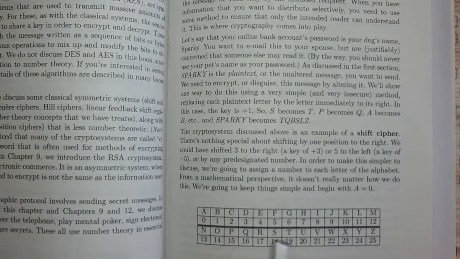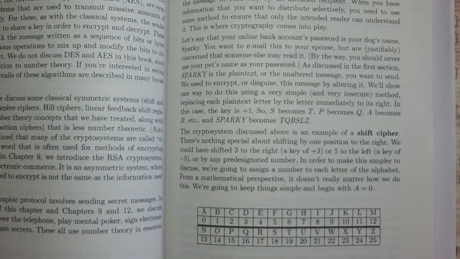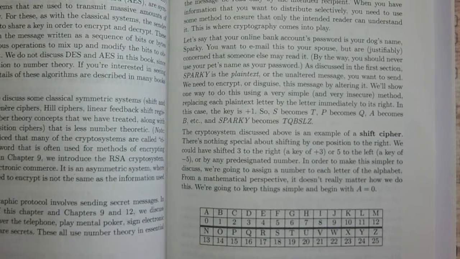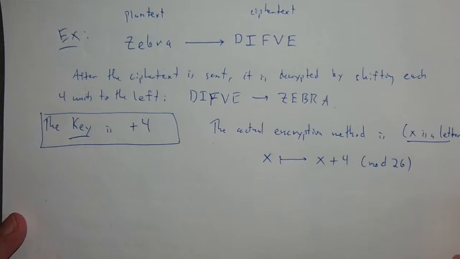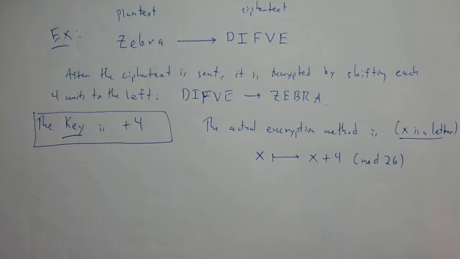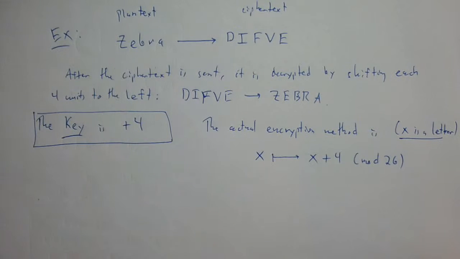Okay. Of course, there's no reason why you have to use 0 through 25 here. You could have used any consecutive integers starting anywhere you wanted to, but of course, it's just convenient to do so. Okay. So then how do I explain this method? I start out with plain text.